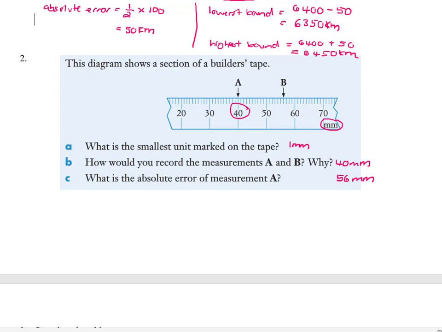What is the absolute error of measurement A? It's half of the smallest unit, which is 1 millimetre, so the error is 0.5 millimetres. That's the error that I would accept.